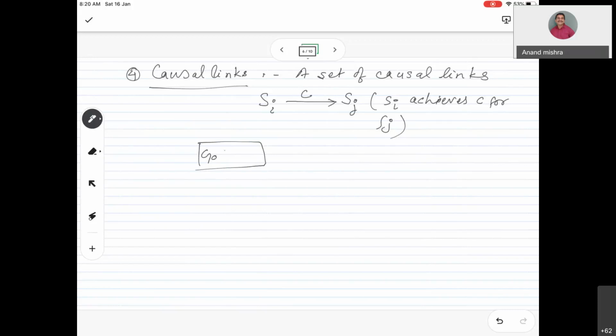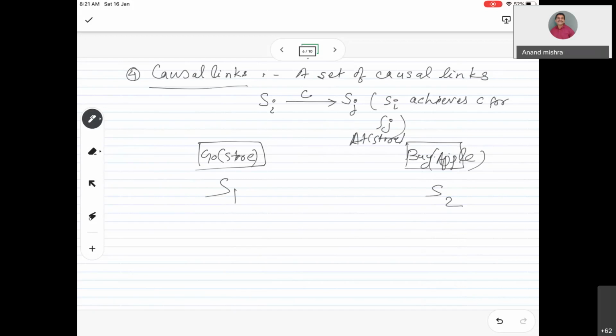Say you have Go Store, and buy Apple. This is S1, this is S2. What is the precondition of buy Apple? You need to be at the store. So the precondition of buy Apple is at store.